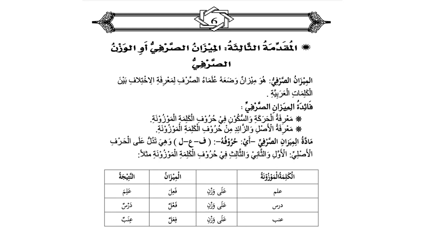The second one is ma'rifatul usul wal-zaid. You will know the root letters from the zaid, which has been increased, من حروف الكلمة الموزونة. So you know the root letters from that which has been added.